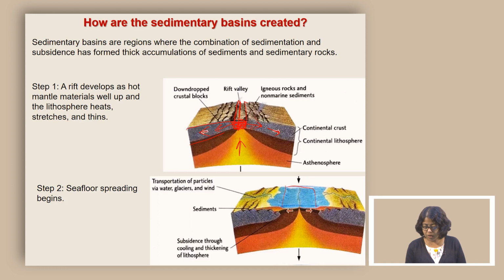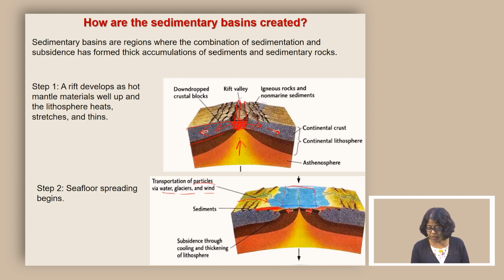And again, the continental blocks or the existing lithospheres are going to be pushed in two different directions, and you can see that they are basically getting compressed, and because they are heavy and there are already sediments on top of it, they are also going to thicken up. Where are they getting these sediments from? These sediments are coming from the transportation of particles via water, glacier and wind from the continents.